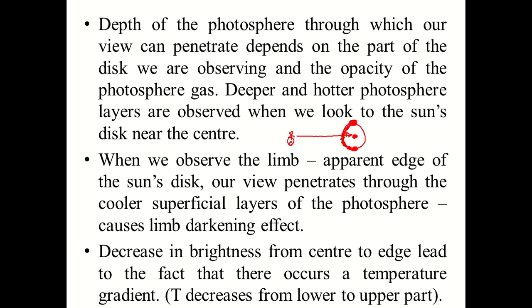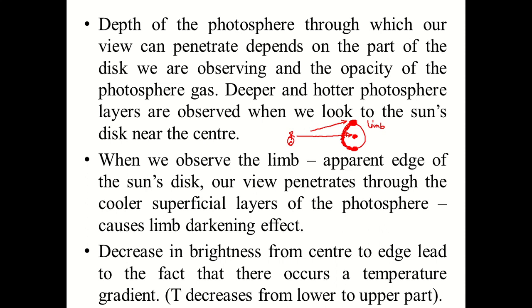So when a person is observing this apparent edge, which is called the limb, then he can observe the cooler superficial layers of the photosphere, so that his view has to penetrate through those cooler regions.